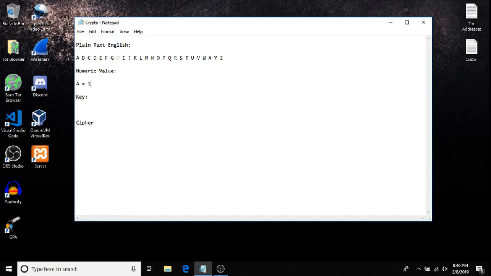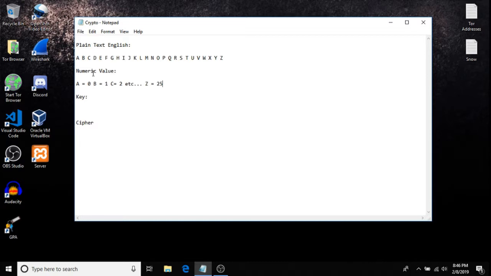However, the way that I was taught professionally through my courses is that A actually starts with 0. Then you would continue, B equals 1, C would equal 2, and etc. all the way to Z should equal 25.